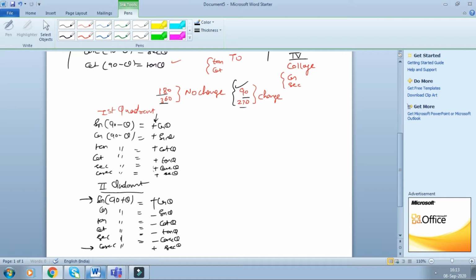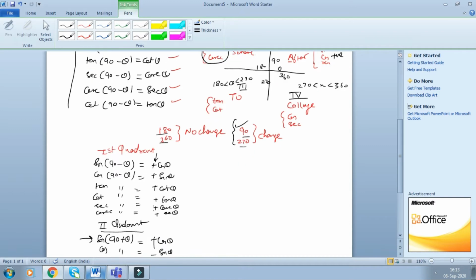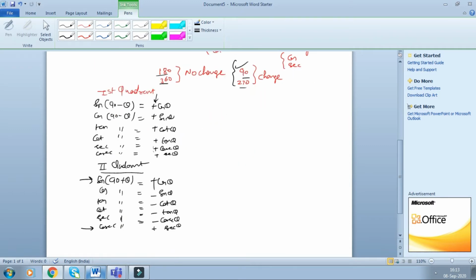The sine of 90 plus theta is positive cos theta, because 90 plus theta falls in which category? The second quadrant. And in the second quadrant, sine and cosec are positive. Mind it, this is very important. Generally students make this sine and cosec positive, which is absolutely wrong. For whatsoever theta you have to calculate, you have to see the sign of that.